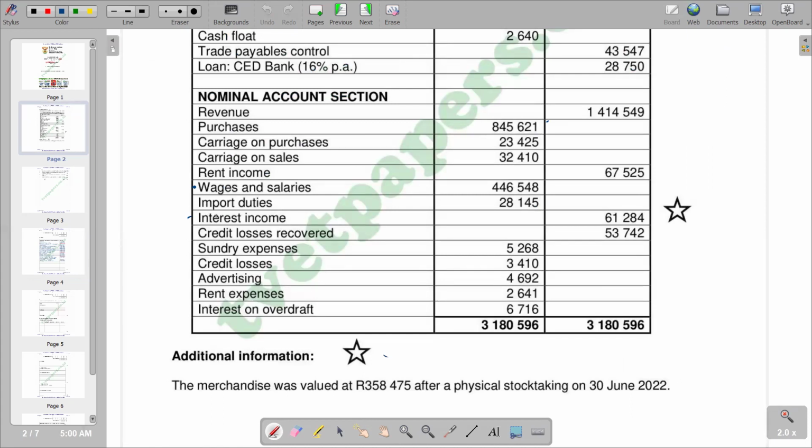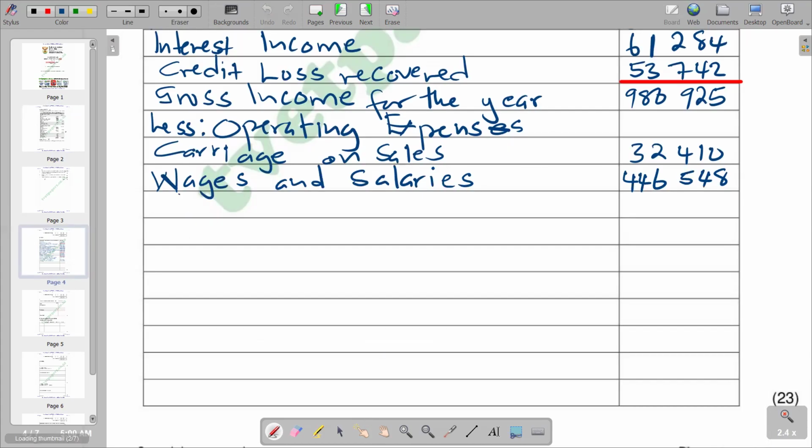We did adjust that in the trading account, so we leave it, and then we go to standard expenses, which is 5,268.